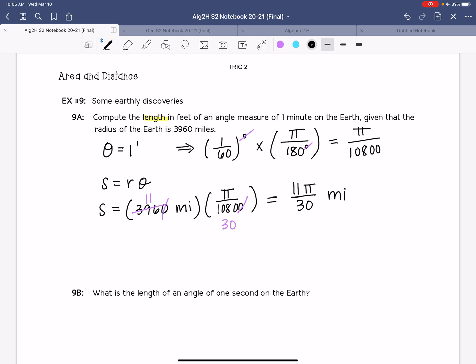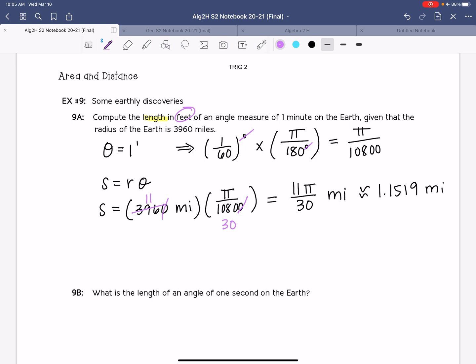miles. And if we wanted to get a calculation, that is approximately 1.1519 miles, putting it into a calculator. Okay, this question wants to know, what is it in feet? So now we need to convert this miles to feet.